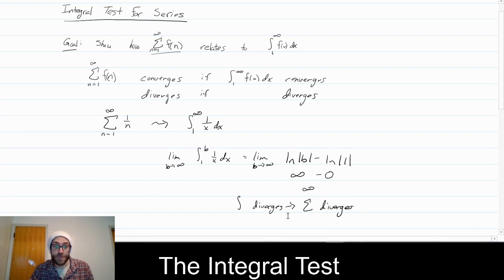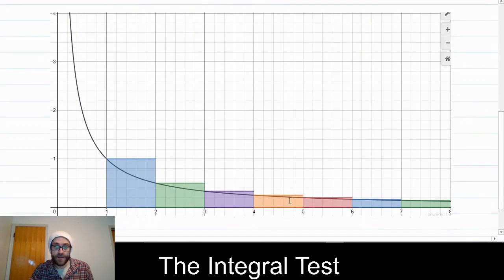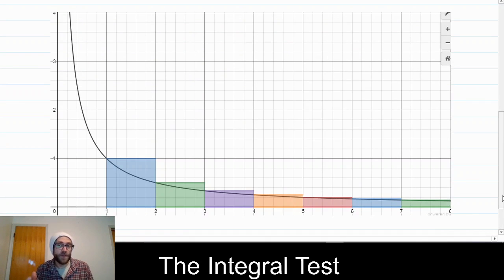Let's look at this visually. If we take a part of the graph, thank you Desmos for the graph, this guy over here is our 1 over x. So this is our continuous function. And then these boxes here are our 1 over n. So the shaded boxes are 1 over n.